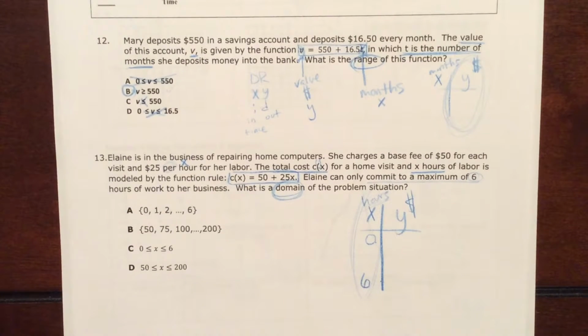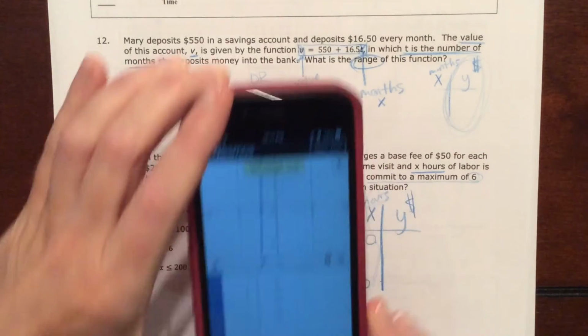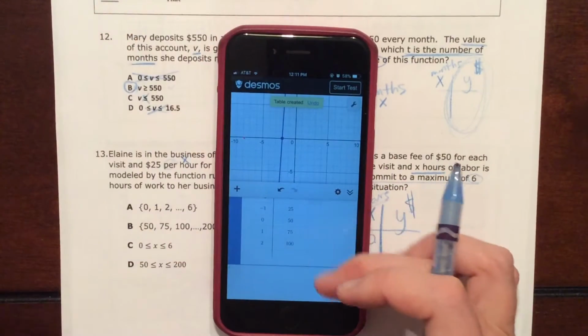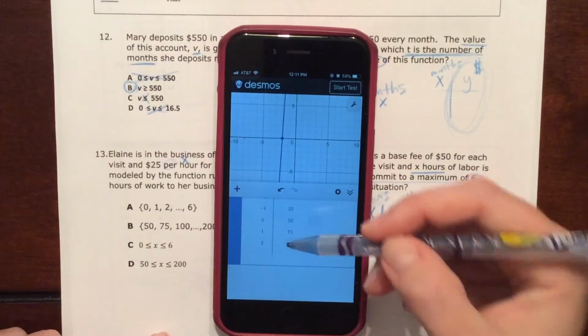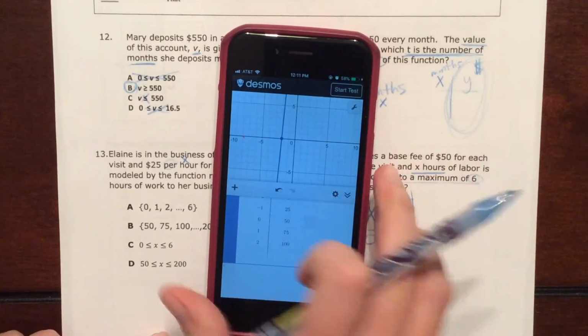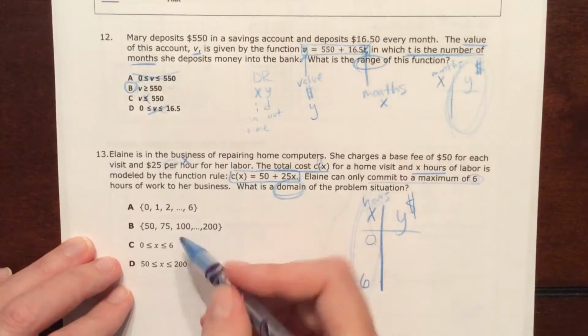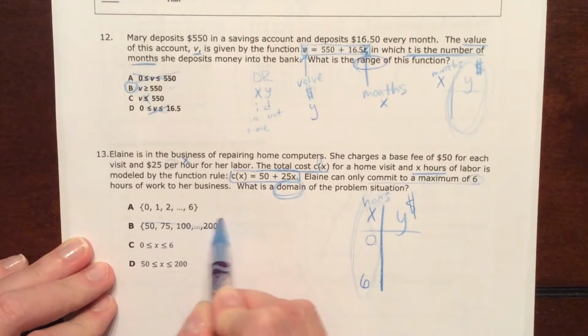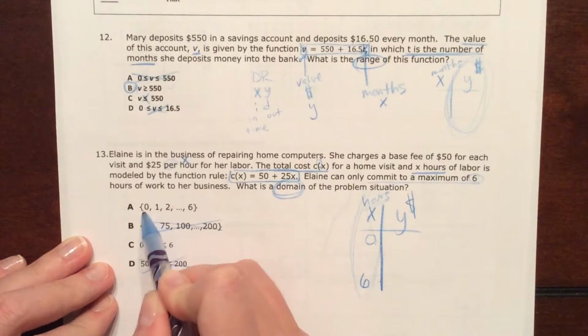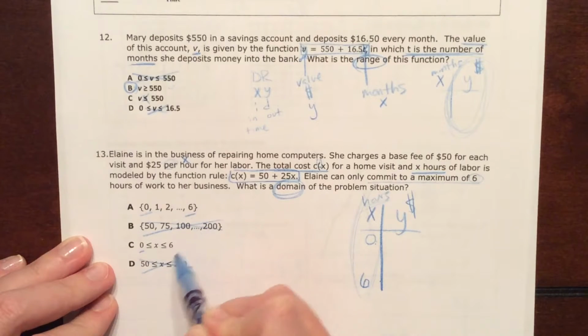If you typed these in on your Desmos, you can see a table starting, and that can give you some idea for your numbers. We're looking at this column. So we're looking for 0 to 6, not these, 0 to 6.